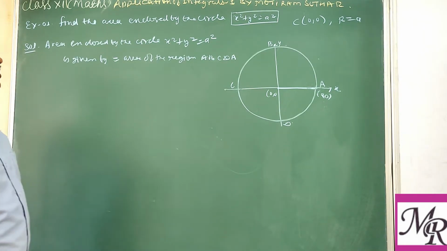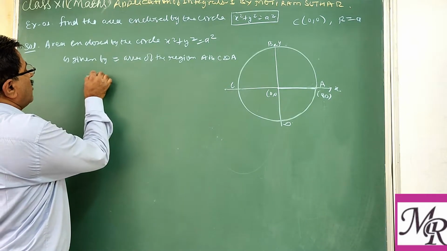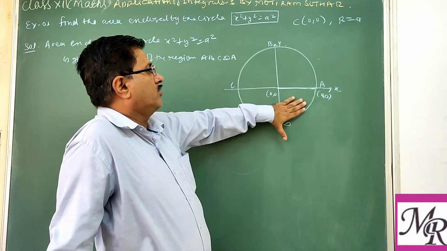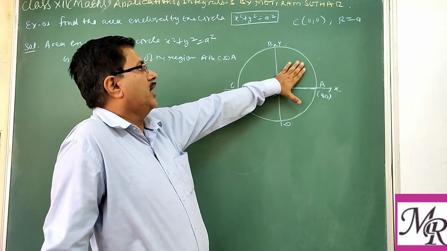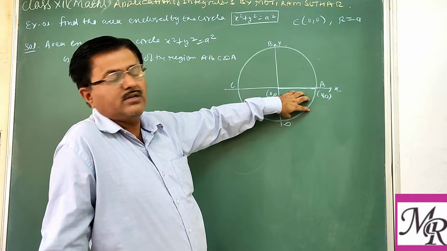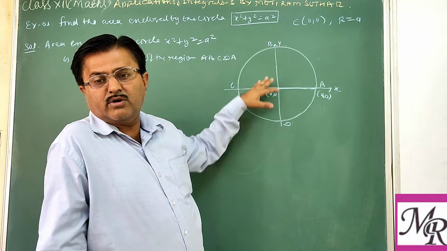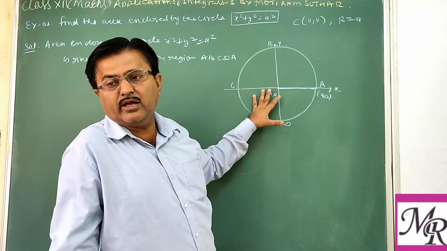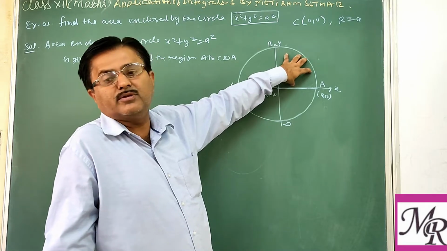Clear? Now this is divided into 4 parts. As the circle is symmetric about the x-axis as well as the y-axis, the area of this quadrant is equal to the area of this region, and equal to this region. So you may say the area of the total region is 4 times this region.